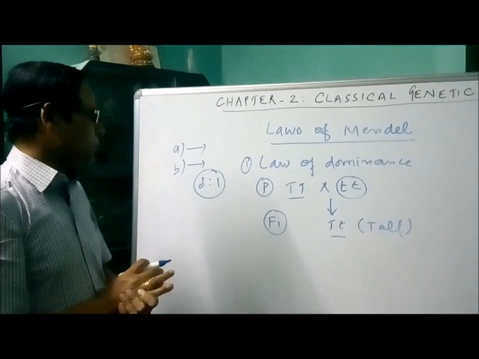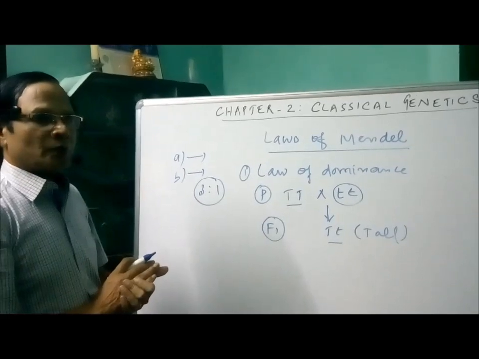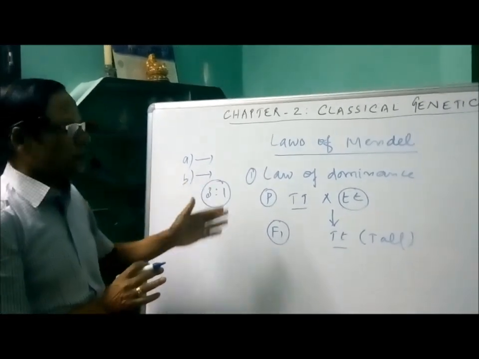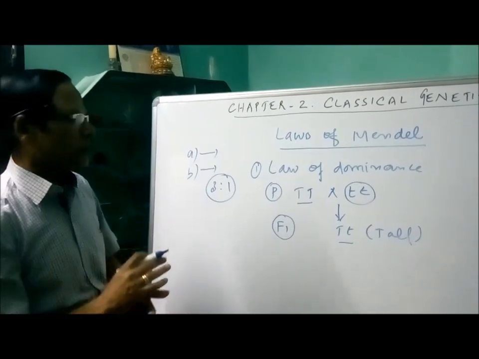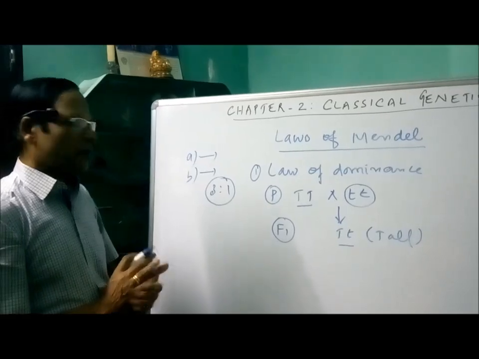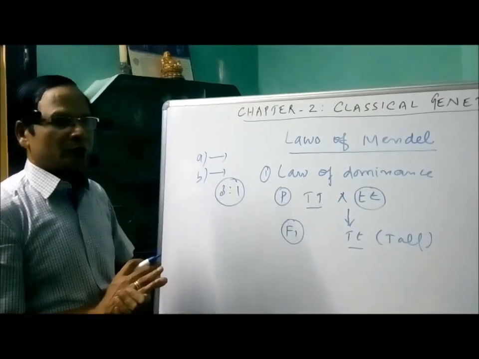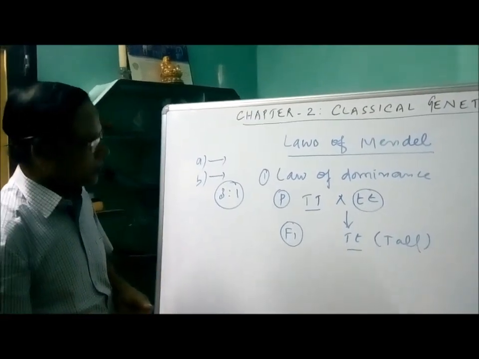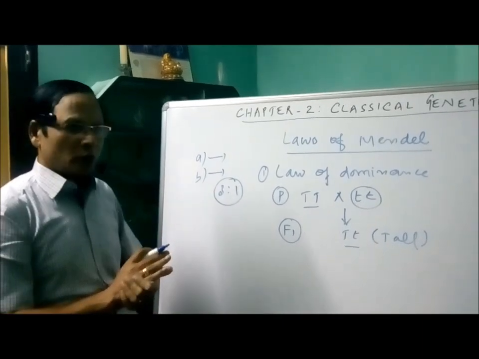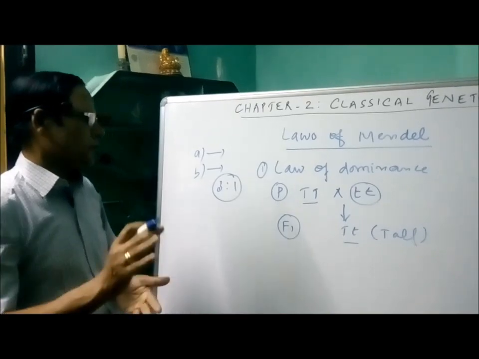It also explains the proportion of 3:1 obtained in the F2 generation. So this is all the importance of the law of dominance.